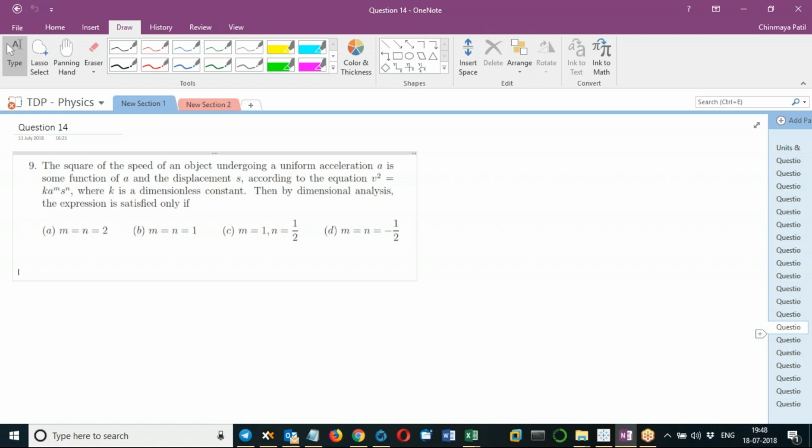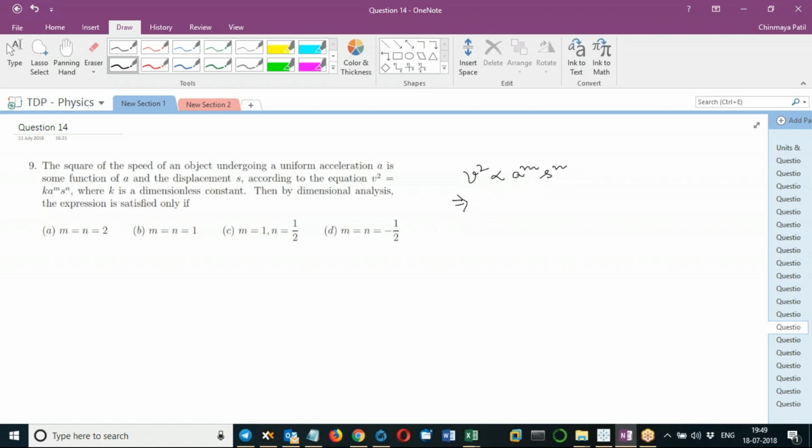If we consider the speed as v, we should express it like this: v square is proportional to a power m and s power n.